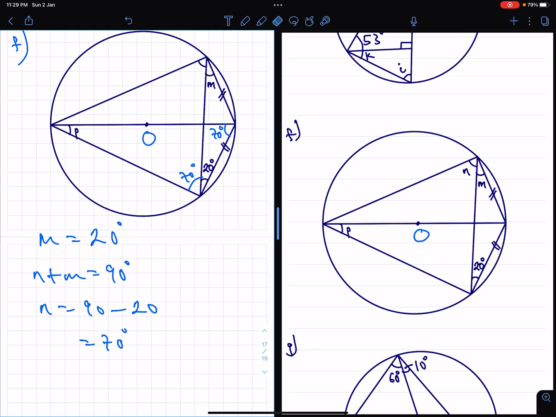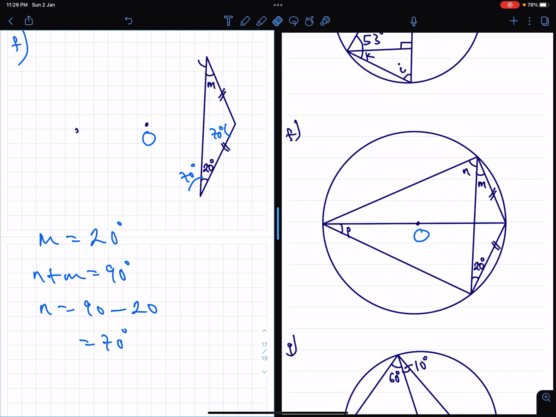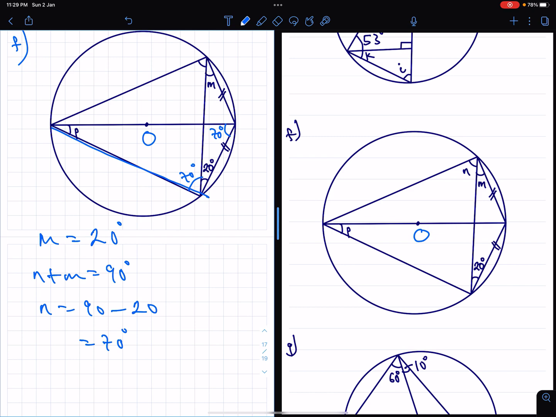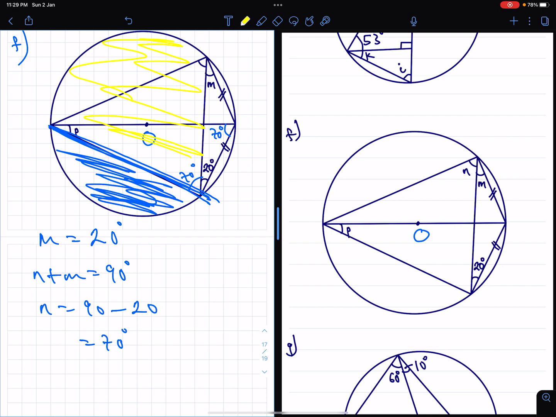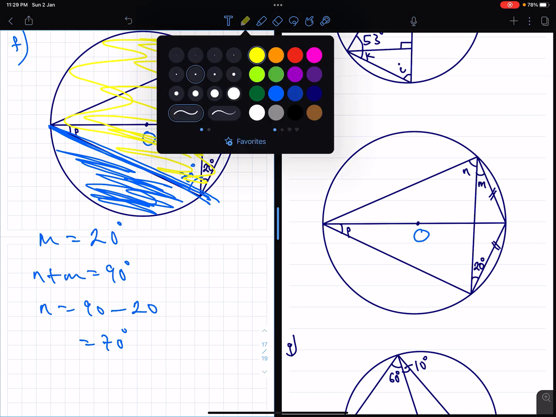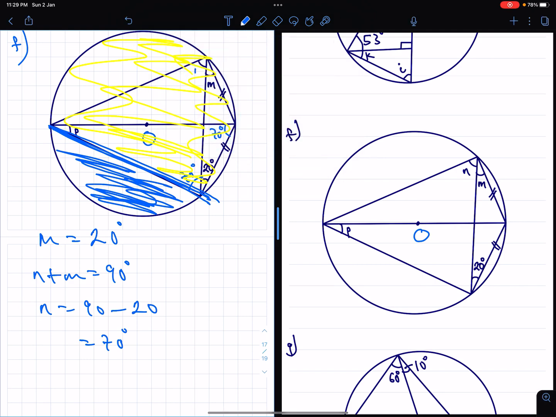If you look at this chord, you see that it divides the circle into this segment and this segment, and you can see that angles N and 70, this is N, are in the same segment. You can look at that.